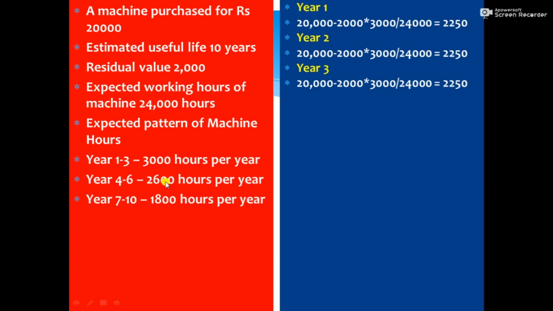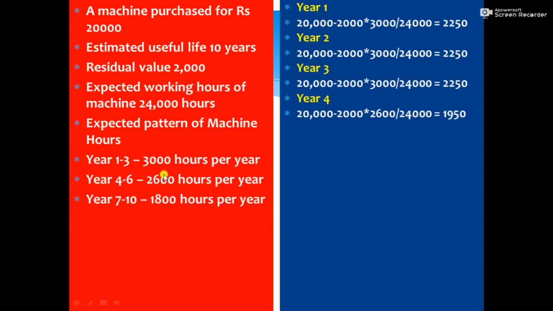And for the fourth year, the machine hours is 2,600, and therefore depreciation is 18,000 into 2,600 divided by 24,000, that is rupees 1,950.